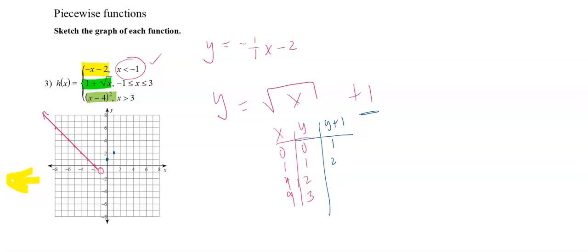And when x is 4, I'm going to add 1 here. Y is going to be 3. I think I can fit one more in there. Maybe. When x is 9, y is going to be 3 plus 1 is 4. So I'm going to just sort of squeeze 9 in right here. That'd be about right. So 1, 2, 3, 4.